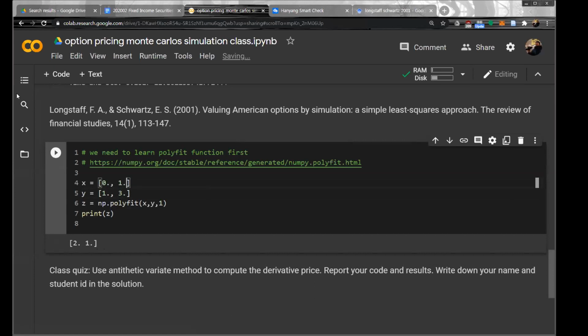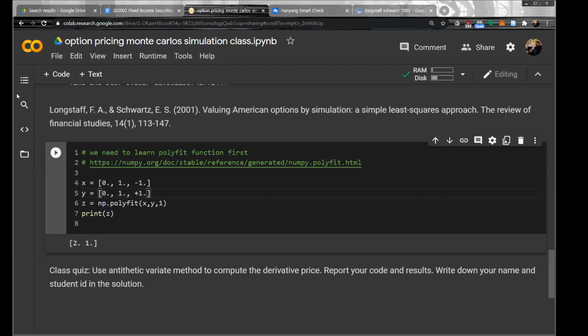What if we have 3 points? When X is 0, Y is 0. When X is 1, let's say Y is 1. When X is minus 1, let's say Y is plus 1.